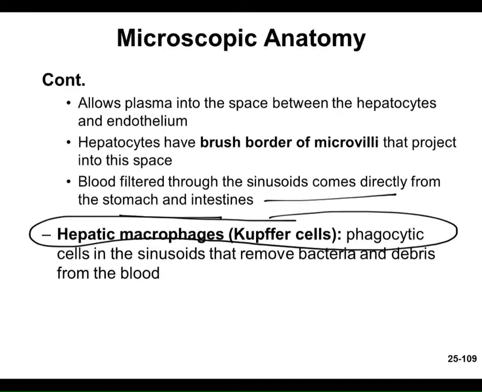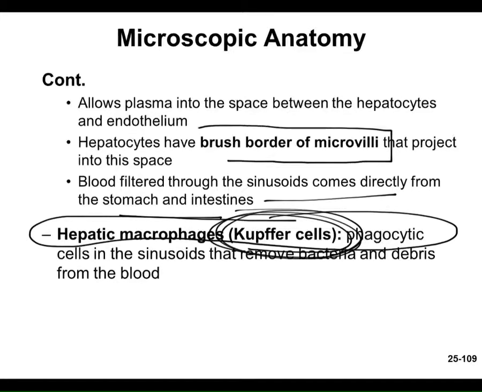The name for these macrophages, there's a specialized name for them, and they're called the Kupffer cells. So the Kupffer cells, specialized name for the macrophages of the liver. And you shouldn't be surprised that these hepatocytes also have significant microvilli to increase the surface area, because so much about filtering is going to be involved with increasing the surface area.